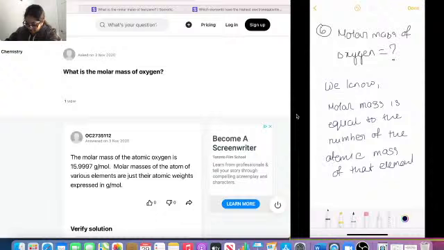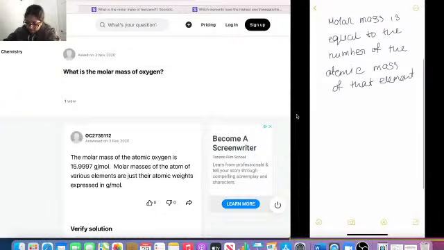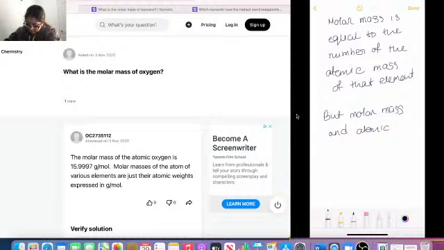What I mean by the number is that molar mass and atomic mass have different units. So what I mean by the same number is just the numbers are the same, it's just the units are different.